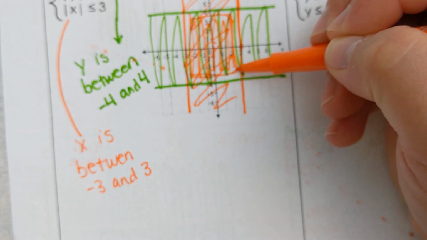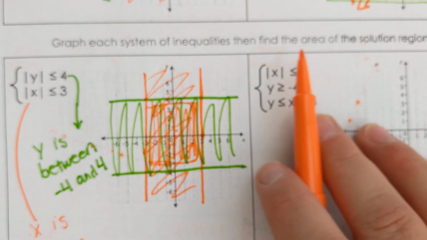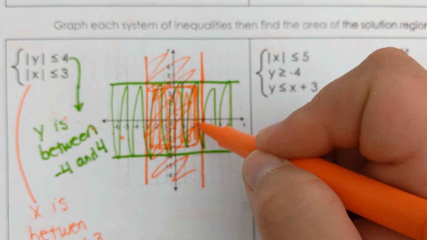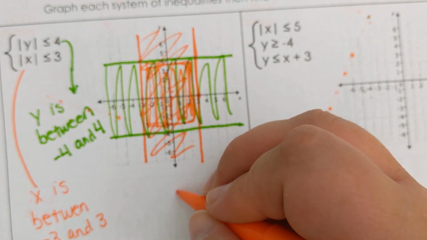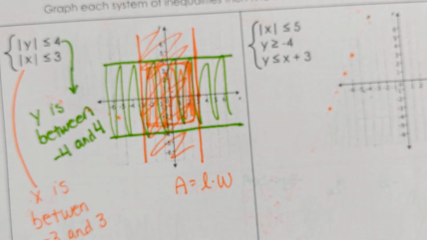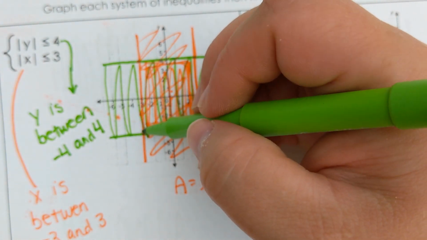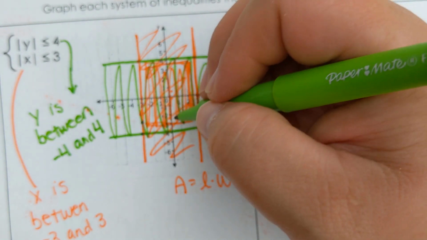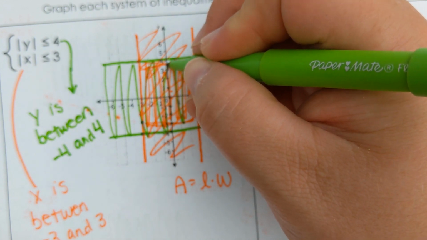And then I'm going to go back and read the directions. It says, then find the area of the solution region. So I need the area of this. Well, it's a rectangle, guys, and what's the area of a rectangle? Length times width. It does not matter which one you consider your length and which one you consider the width. I'm going to call this one the length. It is 1, 2, 3, 4, 5, 6, 7, 8.